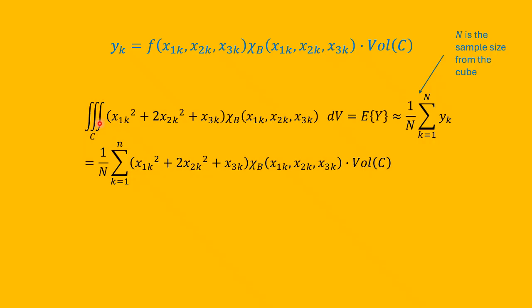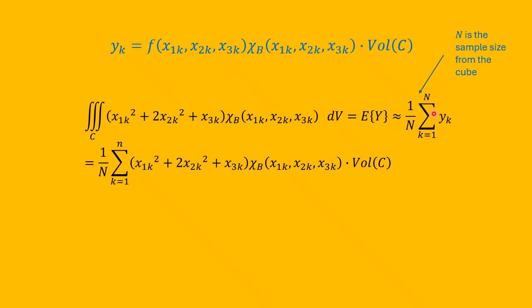So now here's what we can say. This goes back maybe to lectures 1, 2, and 3. The triple integral over C of this integrand dV is the expected value of Y. And by the law of large numbers, this is approximately equal to 1 over n, the sum as k goes from 1 to n of y sub k.